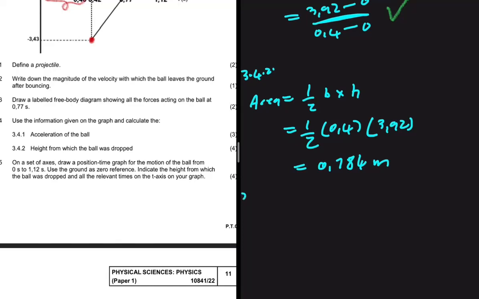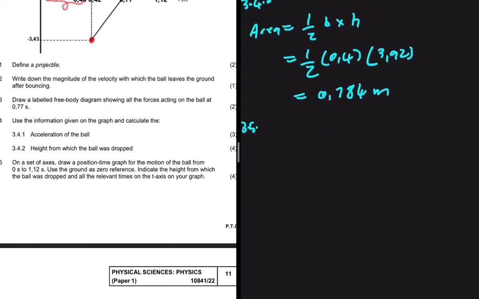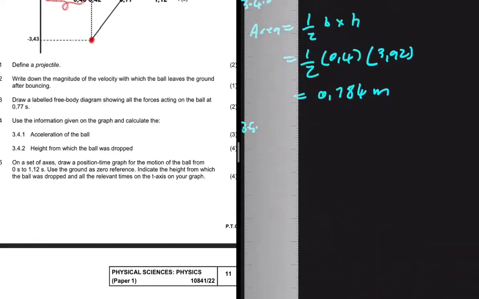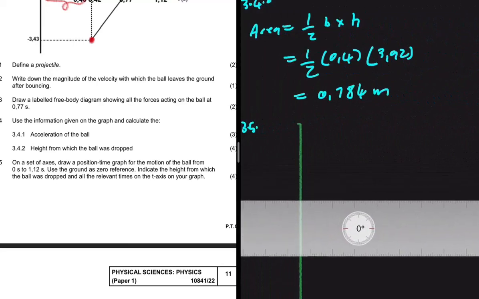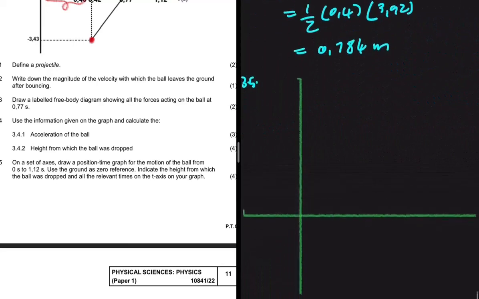So let's go ahead and try that. What do we need? We need a set of axes, so our y and our x. We are good to go now. We can say that this is y in meters and this is time in seconds.